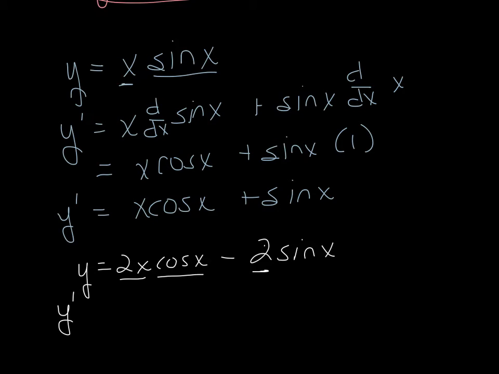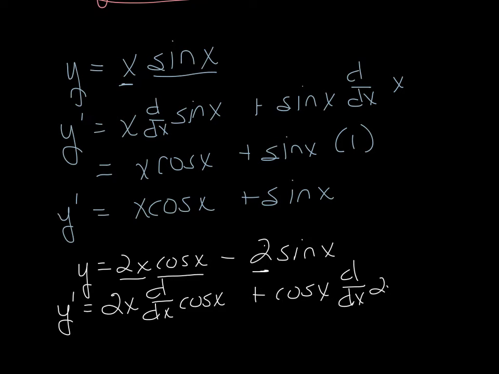So y prime is 2x times the derivative of the cosine of x plus the cosine of x, don't forget to finish out the product rule, times the derivative of 2x minus, now the derivative of the sine is the cosine, so we're finished with this part of it.